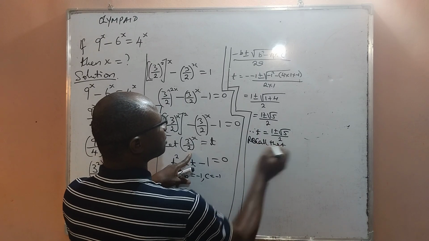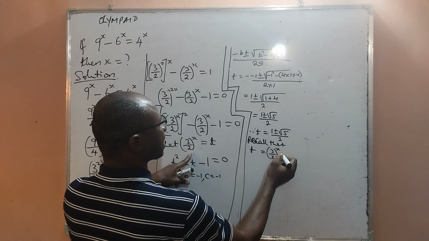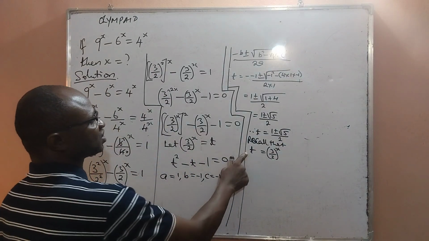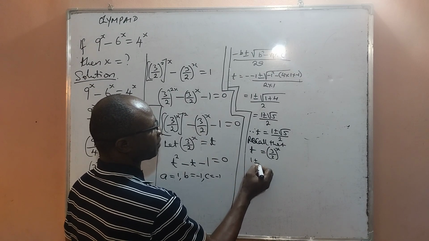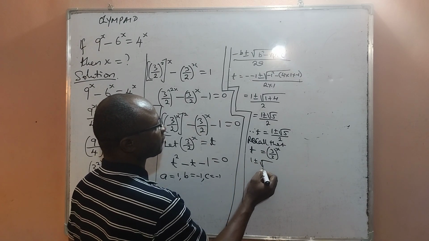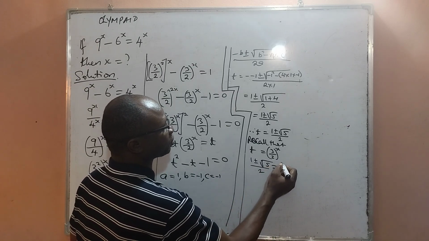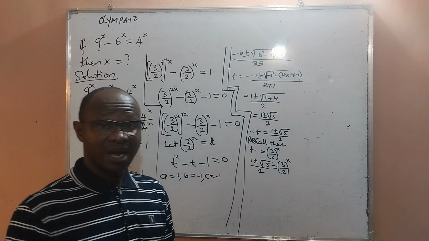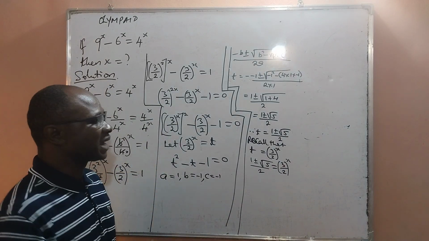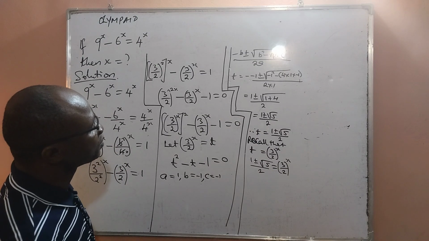that t is equal to 3 over 2 raised to the power x. Therefore, anywhere I see t, I replace it with 1 plus or minus the square root of 5, everything over 2, equal to 3 over 2 to the power of x. At this point, I am going to take the logarithms of both sides.